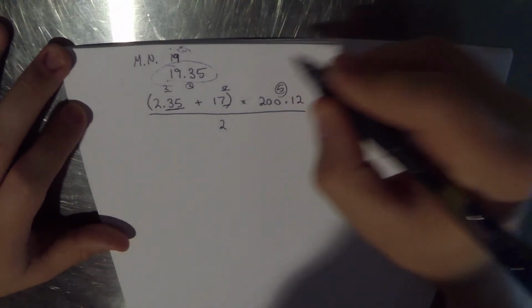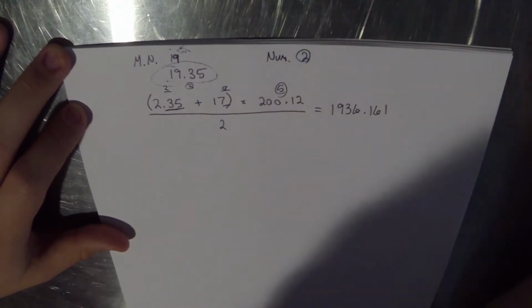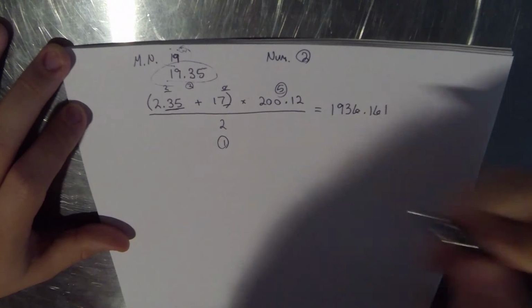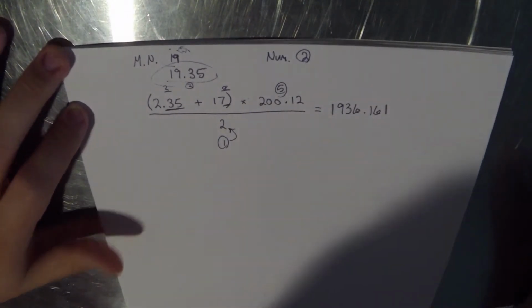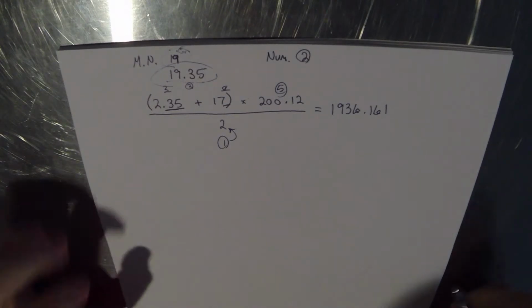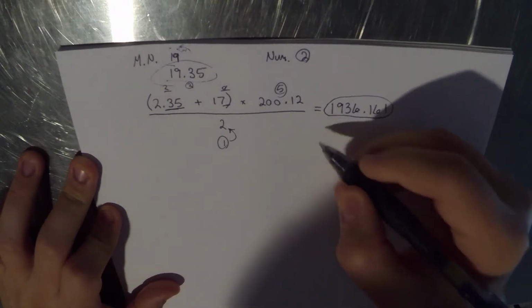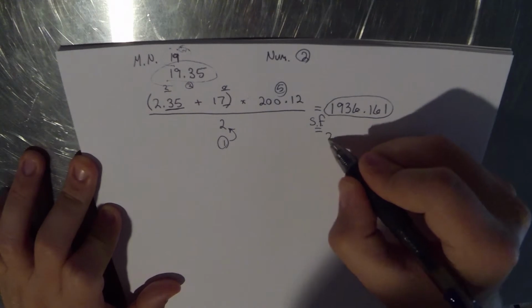Mental note, numerator is going to be 2 sig figs total. A 2 sig fig number divided by a 1 sig fig number, which is this 2 down here, is going to give you a 1 significant digit answer. So even though my calculator spit out all of these, really what it is with sig figs is 2,000.